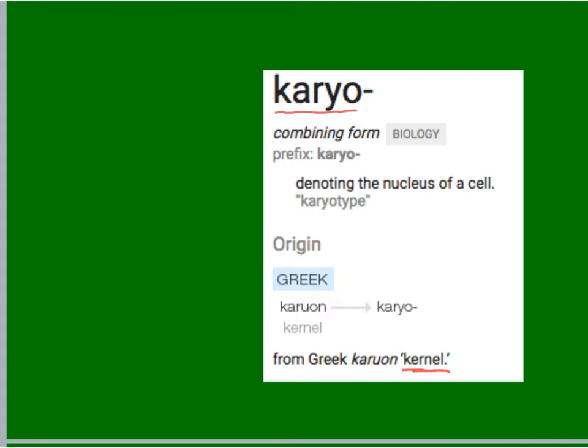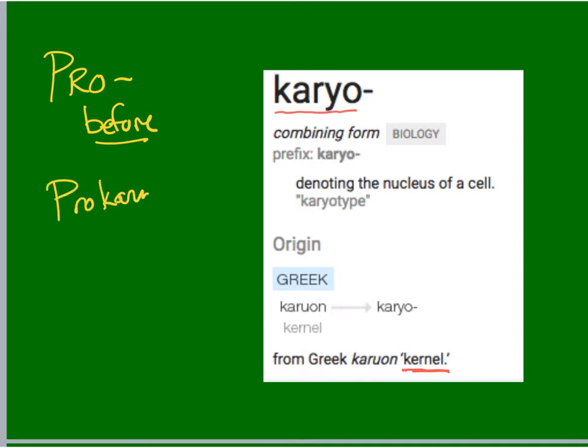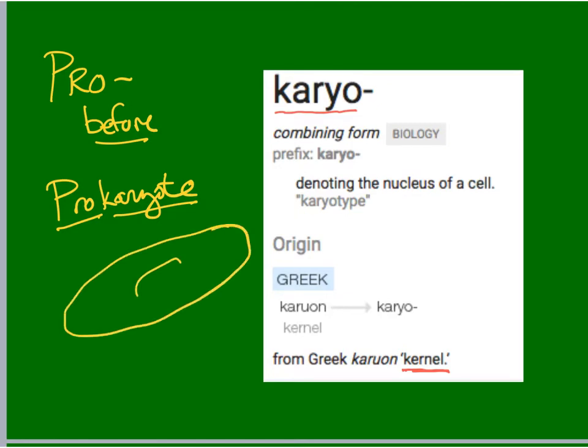And I always like to think of this because when we talk about prokaryotes, what does the word pro mean? Pro means before. So when we say prokaryote, we're talking about before there was a kernel. And for the purposes of this, if you think about a cell, and I draw that inside the cell, what do you immediately say?